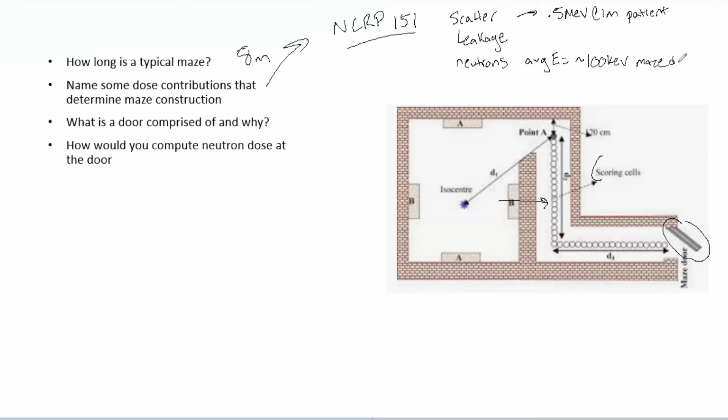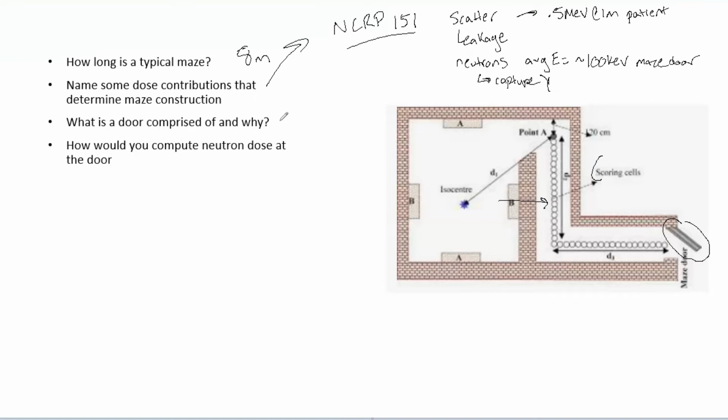So having that number memorized can be important. And then because you have neutrons, you're also going to get neutron capture gammas from the concrete. I'm just going to put capture gammas here. And so all those go into how you're going to shield the maze and the neutron door.